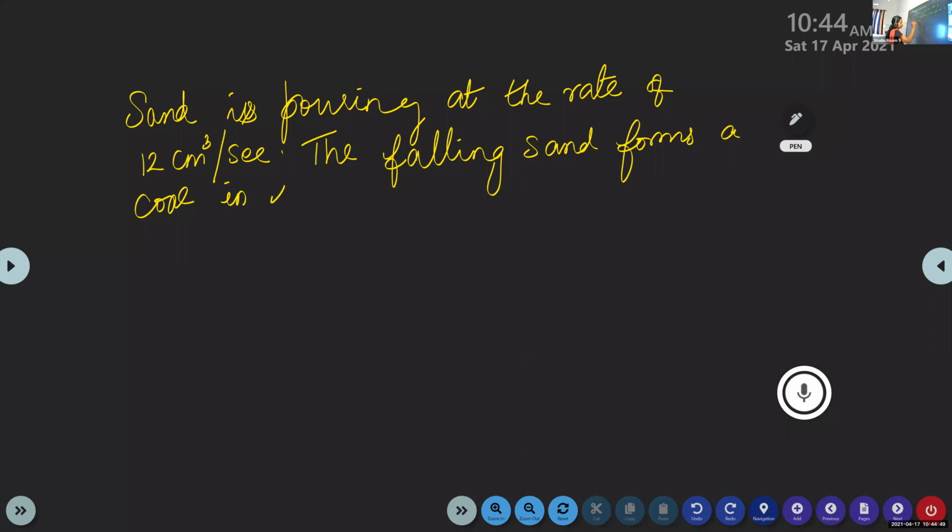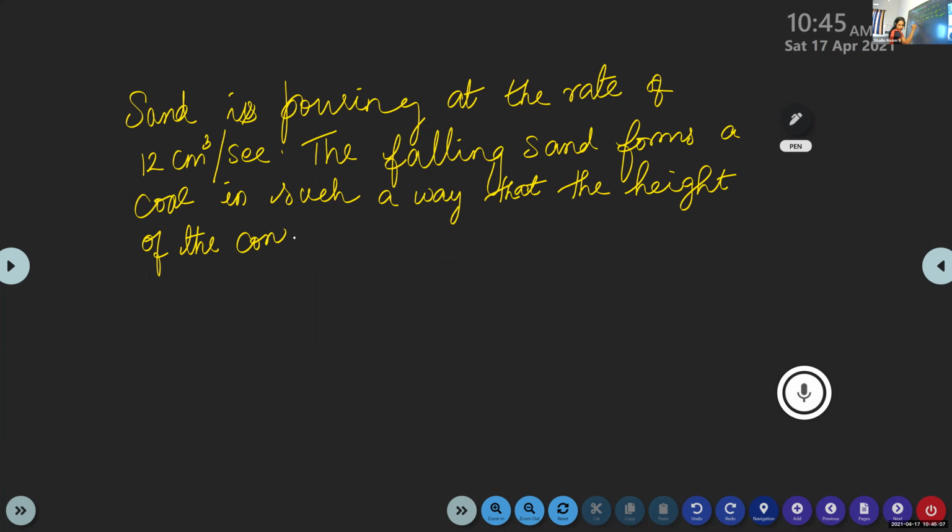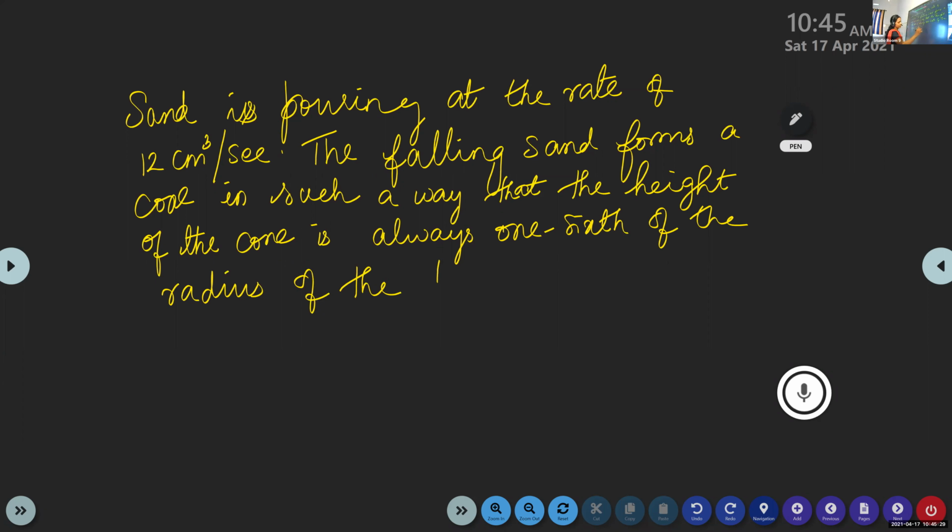It forms a cone in such a way that the height of the cone is always 1/6 of the radius of the base.